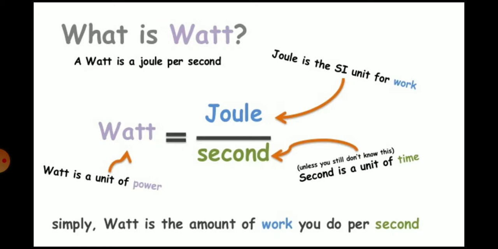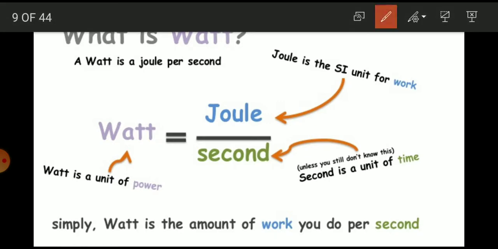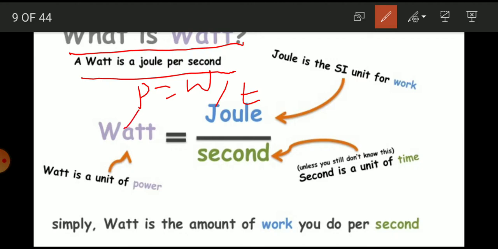Simply, it is the amount of work you do per second. This is a little bit of information about watt. Watt is joule per second. Power is equal to work per unit time. In place of power you write this, in place of this you will write it like this.